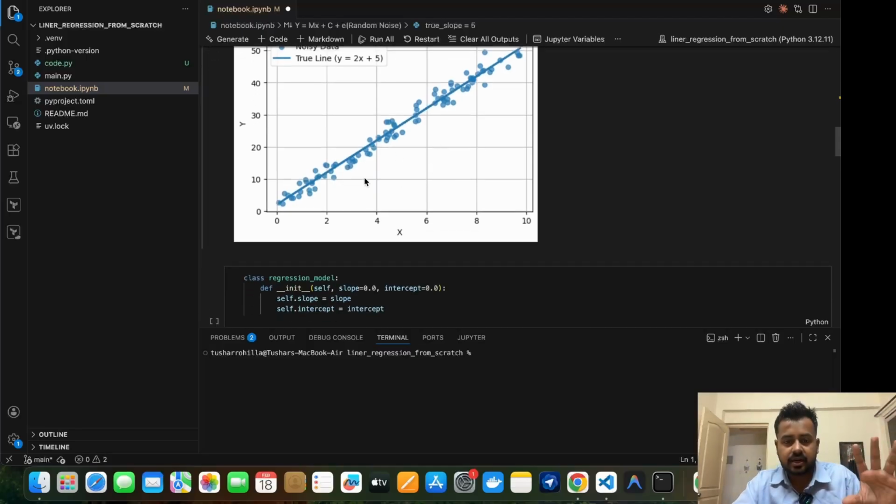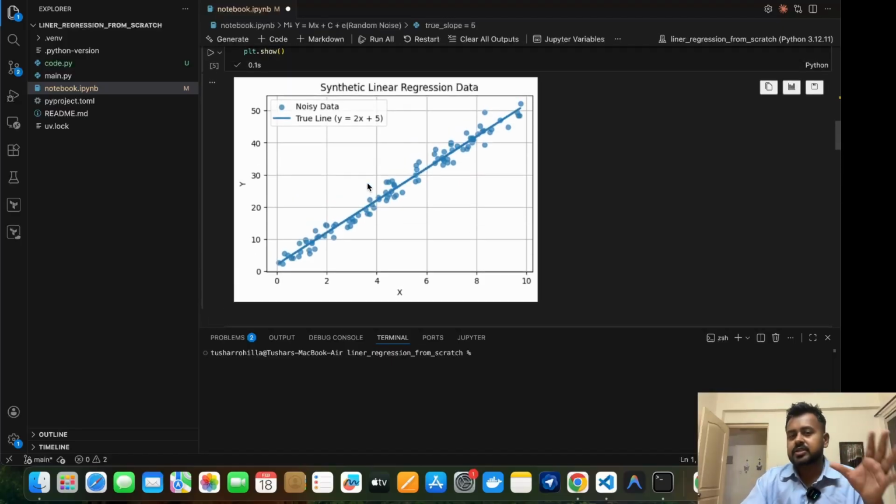This is the regression data set along this line. Now our expectation from our machine learning model is that we will pass this random data, these dots you see, to a linear regression model, and we expect our model to learn the true slope value, which is 2 in our case, and the true intercept value, which is 5.